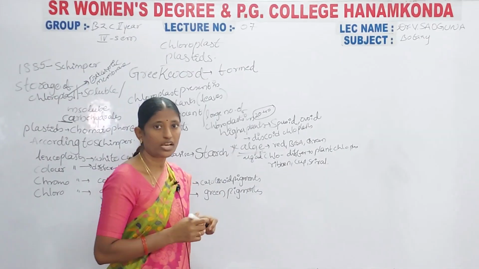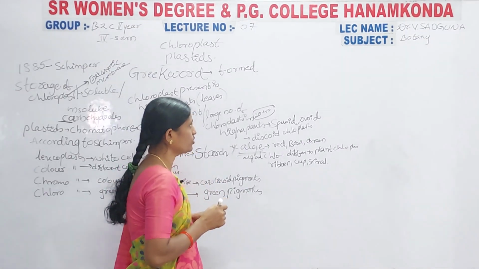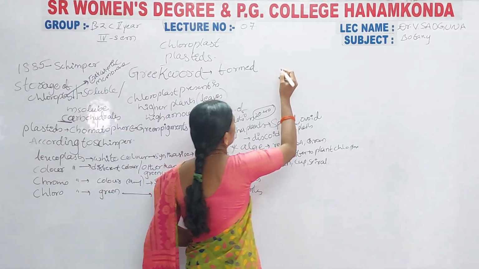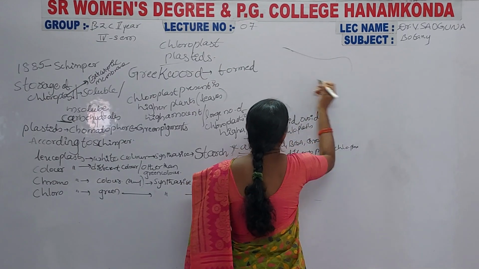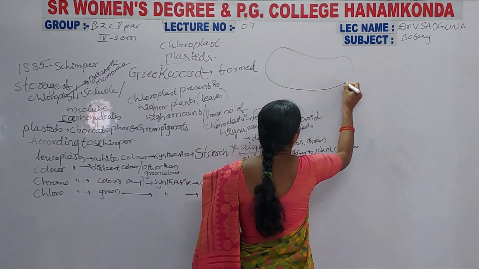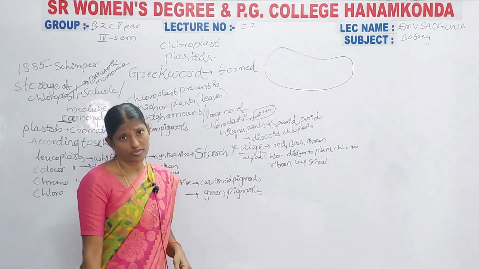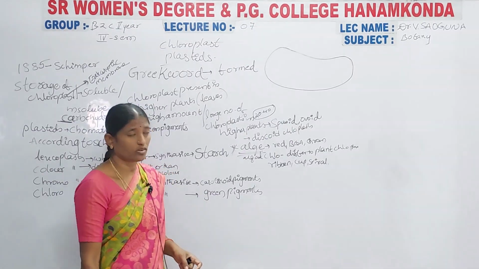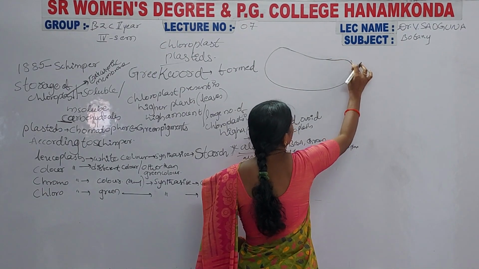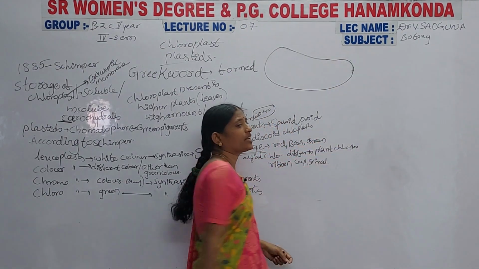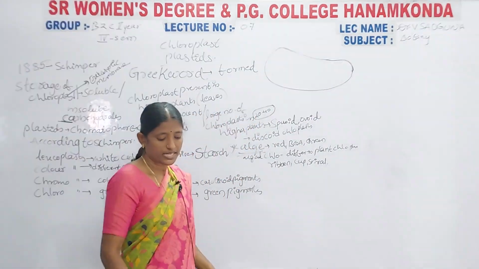What is the structure of the chloroplast, and what particles are present in it? It differs in different kinds of plants and algae, and the ovoidal type of chloroplast is present.